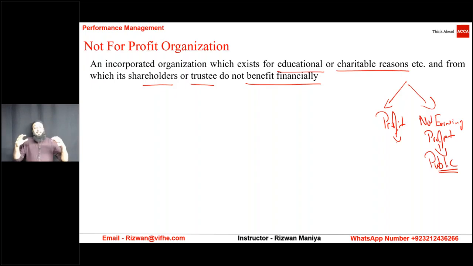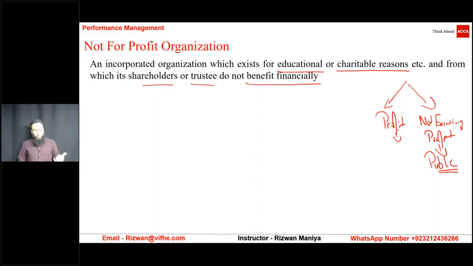In fact, that profit is invested again in the purpose of education, or to ensure that ACCA becomes a better and better qualification. So they are reinvesting their funds in that main objective of improving education. Okay, so this is clear.